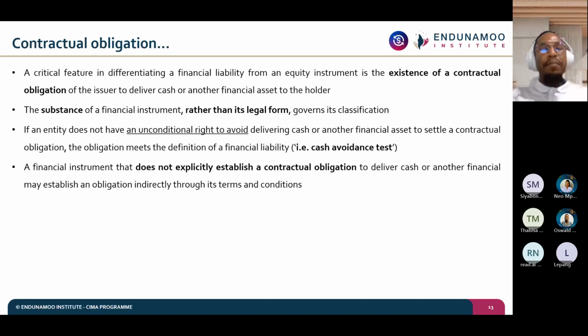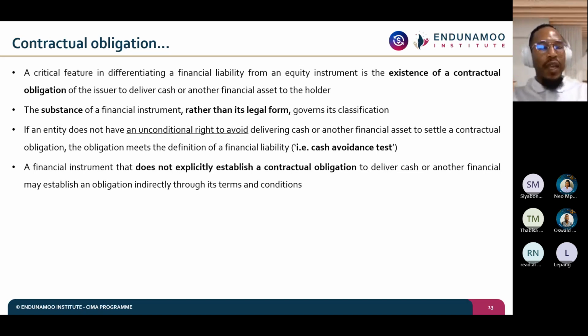So, simply put, what you need to ask yourself is, in terms of the contractual agreement, can the entity get away with not paying cash? So you would look at the terms of the agreement and say, as an entity who has received money and debited my bank account, in determining the credit entry, is there anything in the contractual agreement that says I can get away with not paying cash to the other party, be it today, tomorrow, or 5 years from now?